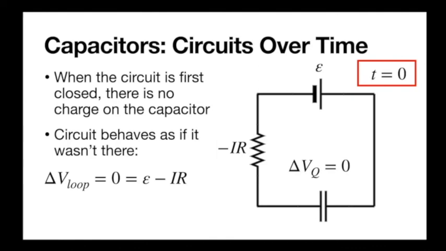So now our snapshot at t equals 0, when I first connect it, I get plus epsilon for the battery. I go to my capacitor. There's no charge on it yet, so there's no voltage difference between the two plates, right? Q over C is 0 over C, so no voltage drop, and minus IR. So before the capacitor has any charge on it, this circuit just behaves like a normal battery and a resistor.